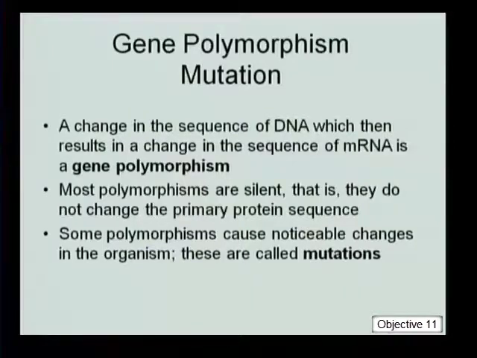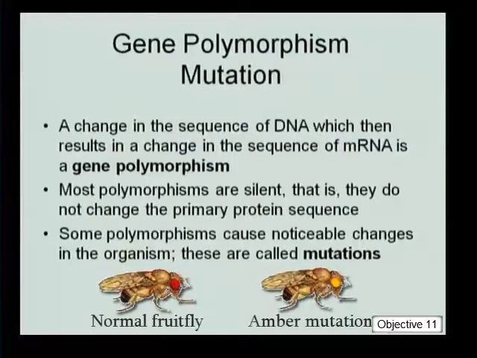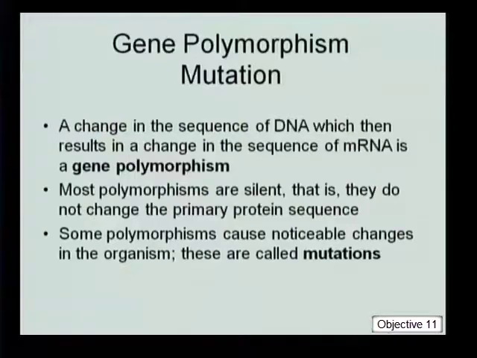It's just the difference between individuals, whereas a mutation does cause a disease, or at the very least a noticeable change in the organism, like the amber, umber, and ochre eyes that we saw in the fruit fly. The abnormally colored eyes of the fruit fly would be examples of mutations.